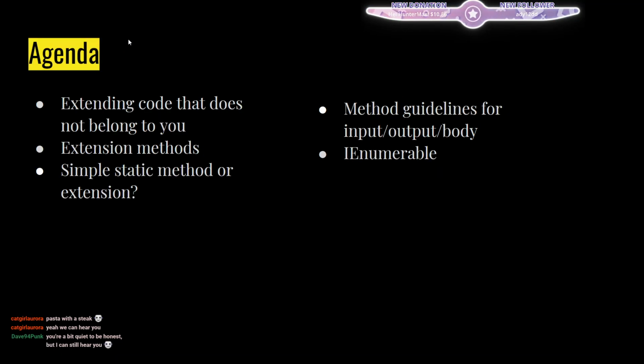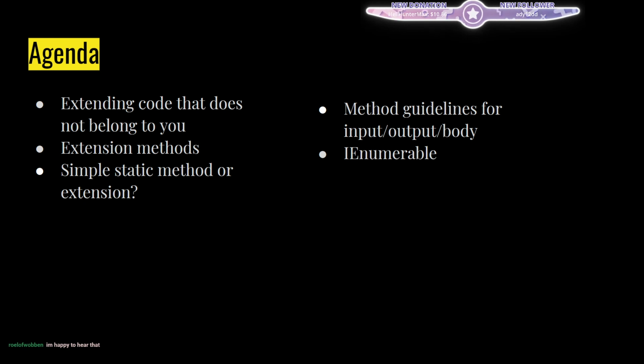So today's agenda is to talk about extension methods, or how to add methods to code that doesn't belong to you. Only some kinds of methods, and you'll see what kind.